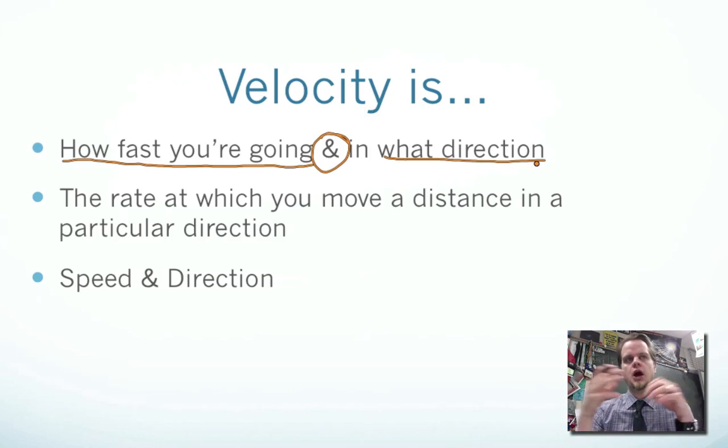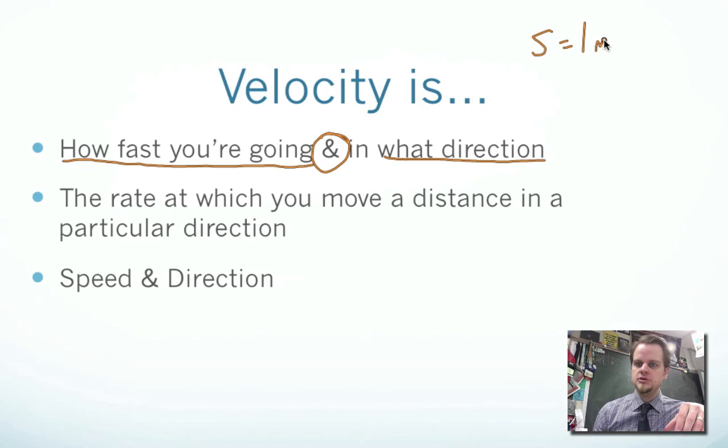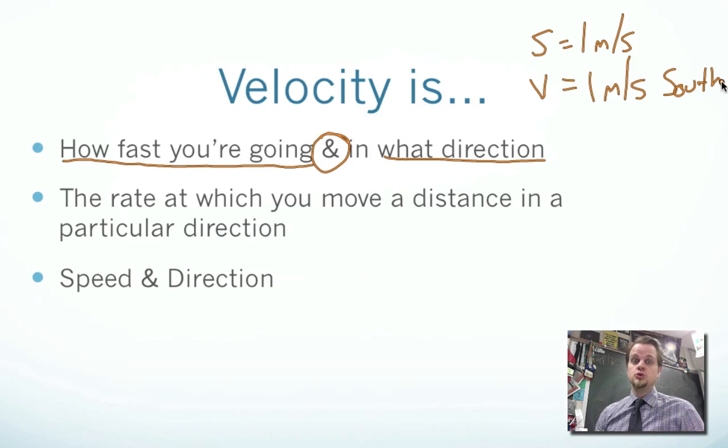So you can't just say, oh, I'm walking at 1 meter per second. That would be your speed. If I asked you for your velocity, you would have to say something like, I'm moving 1 meter per second, I don't know, to the south. Okay? Or something like that. I'll talk more about that soon.